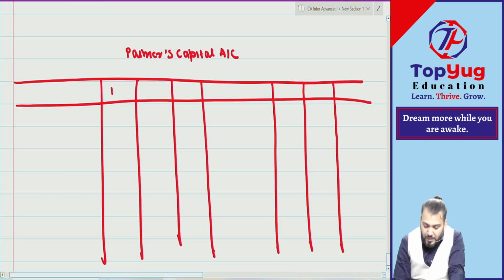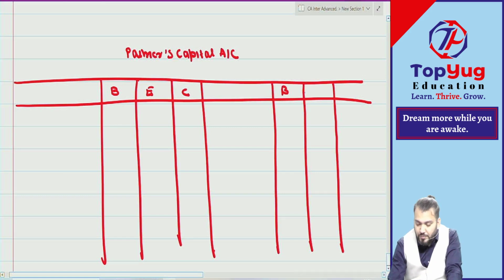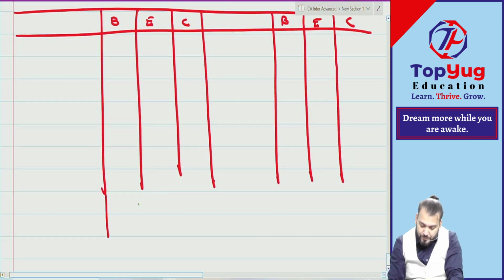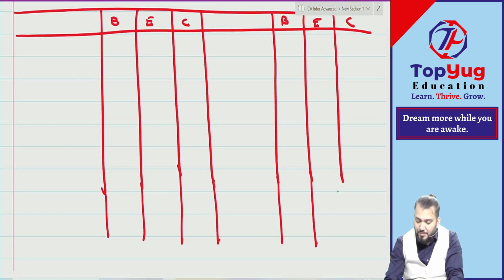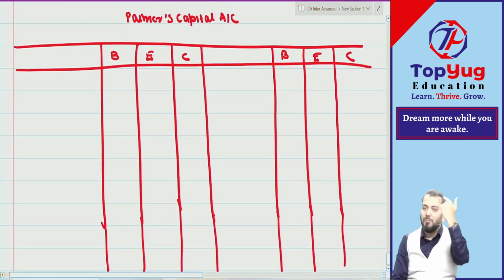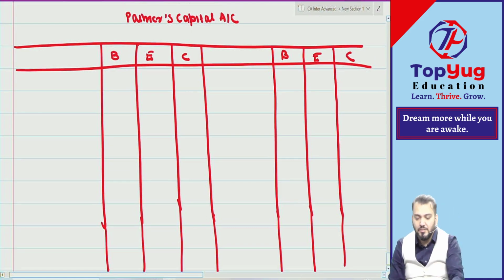So we write down B, E, C, B, E, C. Whatever you will say, I will do. First, we'll do the admission. I'm starting with point number 1, 2, 3 like this. You'll say, then I will do.